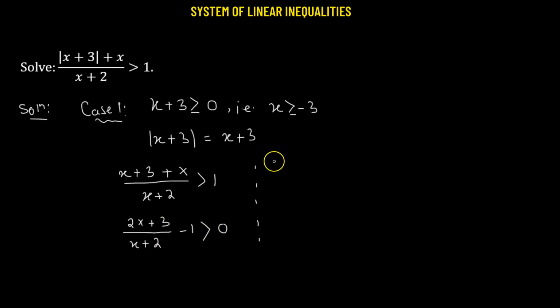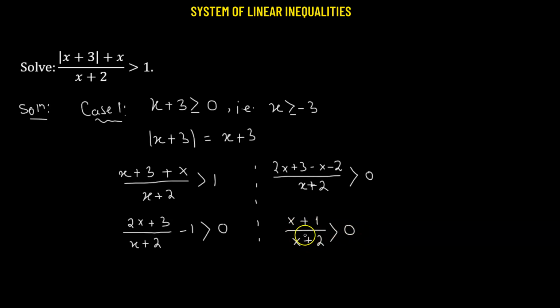So this should give us 2x plus 3 minus x minus 2 divided by x plus 2 greater than 0. So 2x minus x will be x. So we have x plus 3 minus 2, which is 1. So we have x plus 1 divided by x plus 2, which is greater than 0.